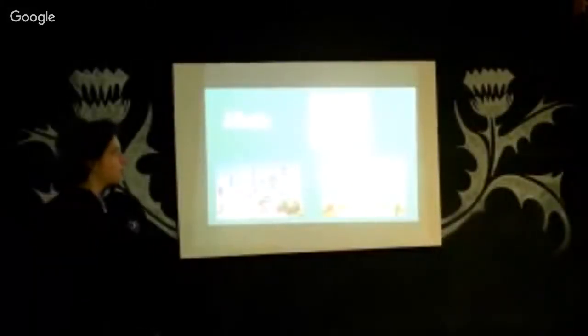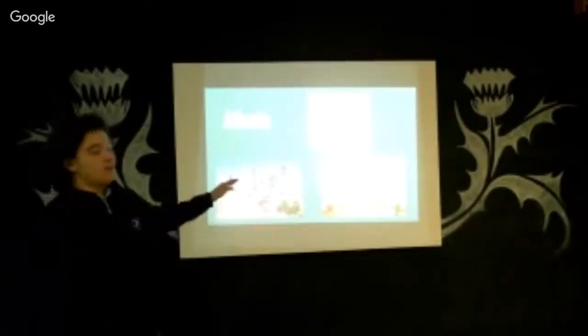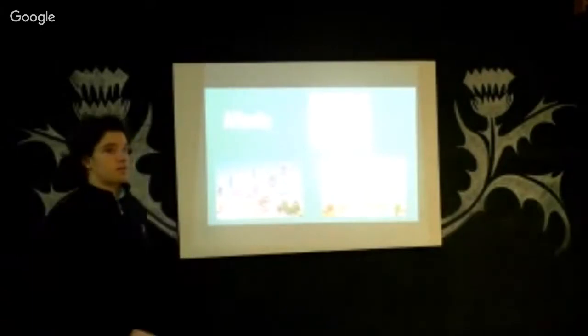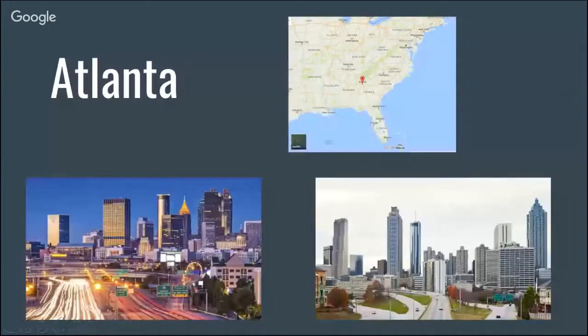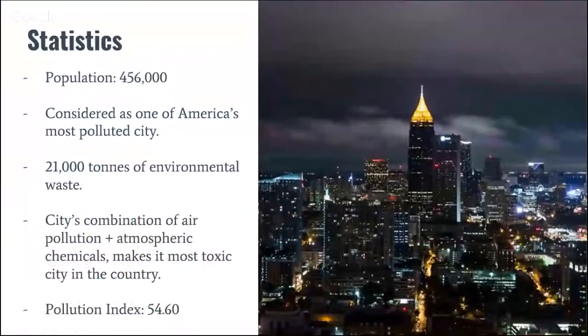Now I'm going to talk about Atlanta. As we can see from the graph, Atlanta is located in the southeast of America in the state of Georgia. It has a population of around 450,000 people. It is considered one of America's most populated cities, and it is also considered one of the most polluted cities.